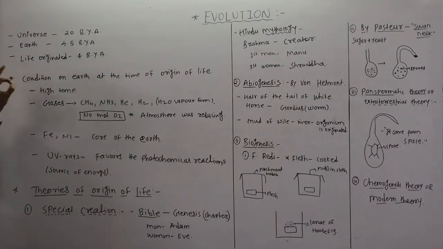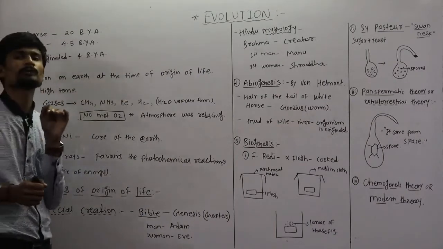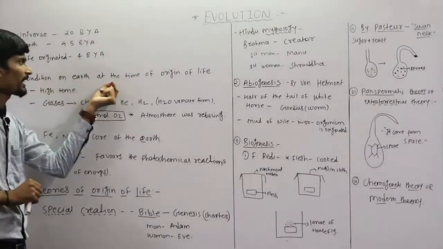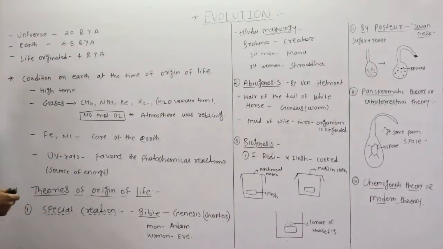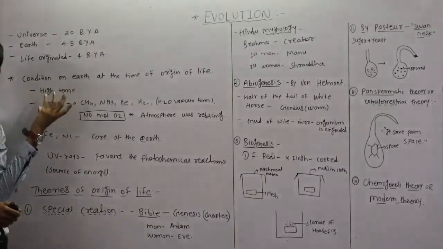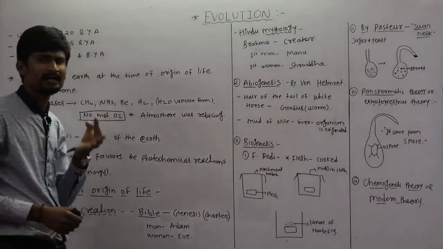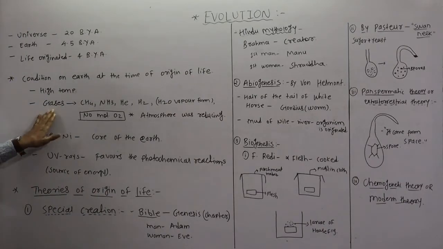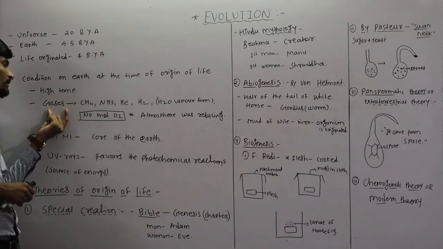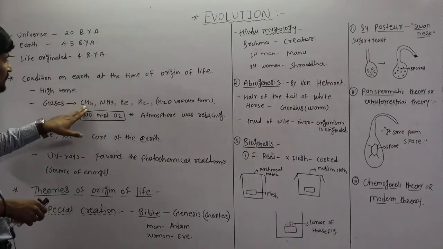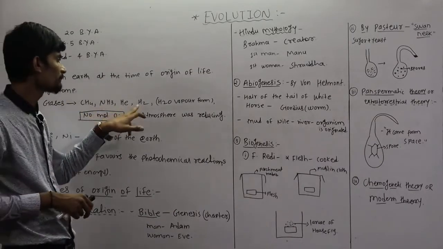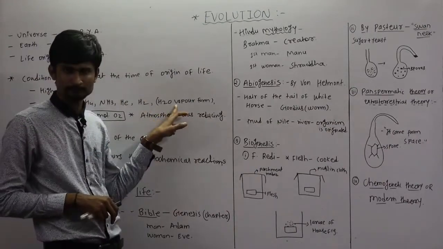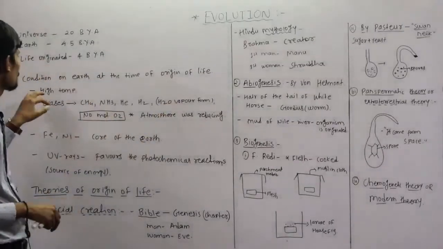Now, what were the conditions on Earth at the time of the origin of life? The first one is temperature. The temperature was very high at the time of the origin of life on Earth. Then different gases were present in the atmosphere: methane, ammonia, helium, hydrogen, and water, but water was present in the form of vapors because of the high temperature.